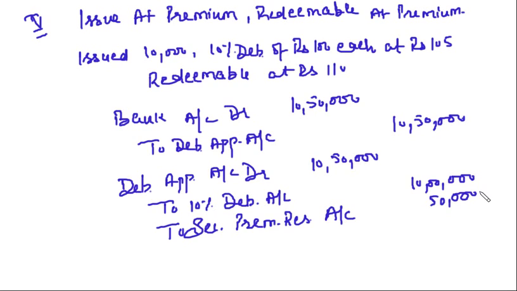Because the premium of 5 rupees is kept in a separate pocket, that is securities premium reserve. So what we are ultimately using is the face value, 100 rupees only. So premium we will always calculate with face value.